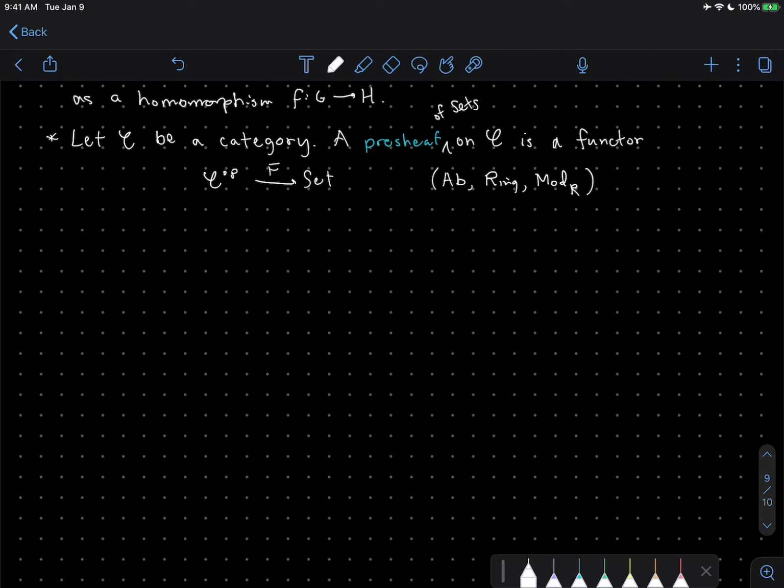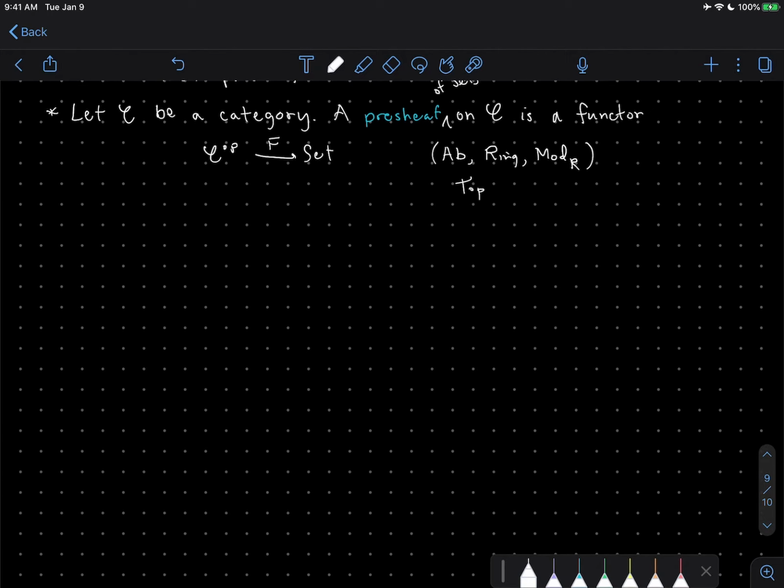You'll most likely encounter presheafs of sets in category theory and topology. You'll sometimes have presheaves of topological spaces. In algebraic geometry, you'll find presheafs of rings and presheafs of abelian groups all over the place. That's not what we're going to talk about right now. So unadorned a presheaf is a functor from C op to set. There are a whole class of really interesting presheaves.